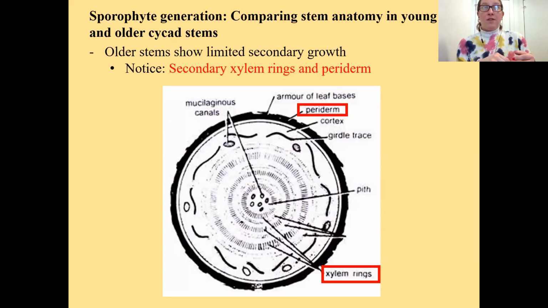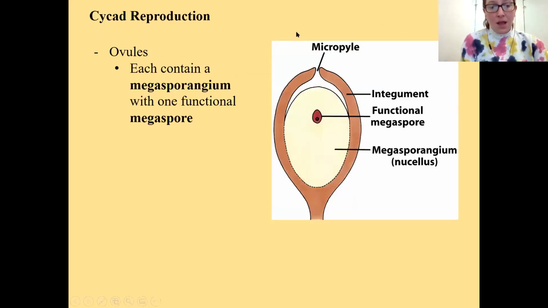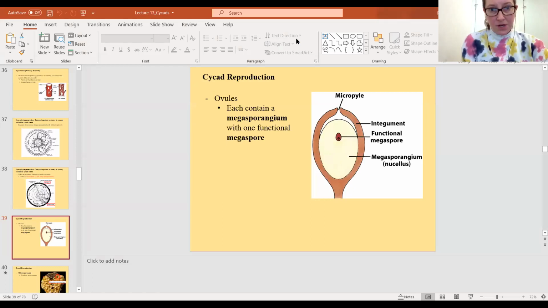A lot of times, if you want to find out where the oldest part of a plant is, for plants that have secondary growth, you would go to the widest part of the plant.